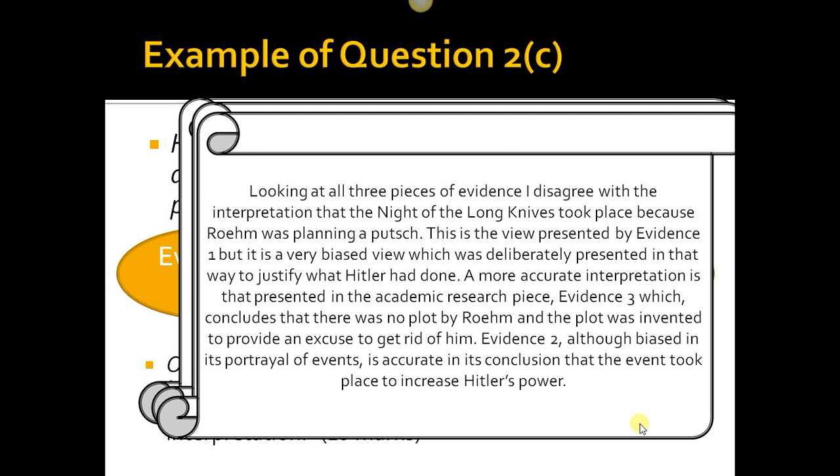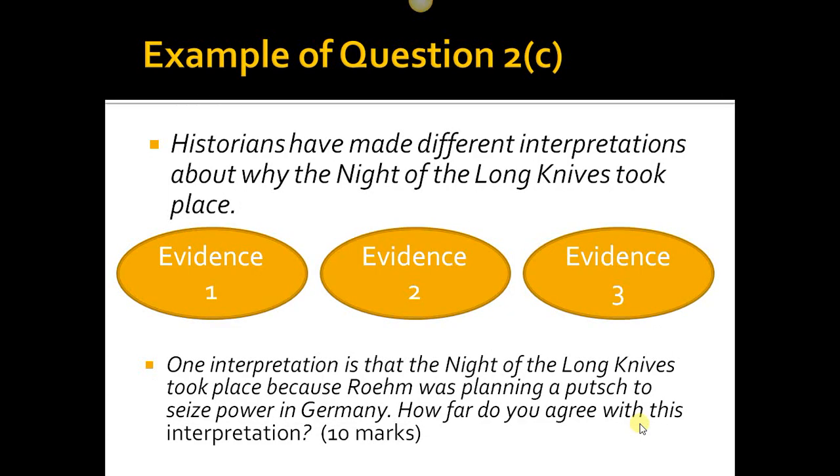And that really is, if you can think of yourself as being on a jury, or a detective, but I kind of like the analogy of being on a jury, and these three bits of evidence are put towards you, you will just feel your way through them, read them, and make a choice of which ones, if we go back to the question, agree with the Night of the Long Knives taking place because Rome was planning a putsch.